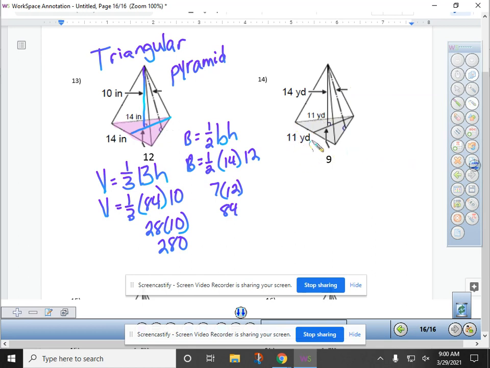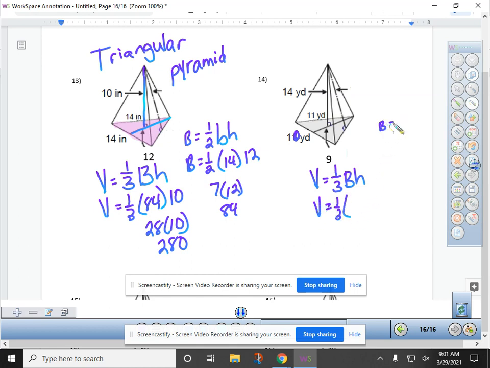Let's change this to a 10 on number 14. What's the formula for the volume? V equals 1/3 times the area of the base times height. Good. And what shape is the base? Triangle.